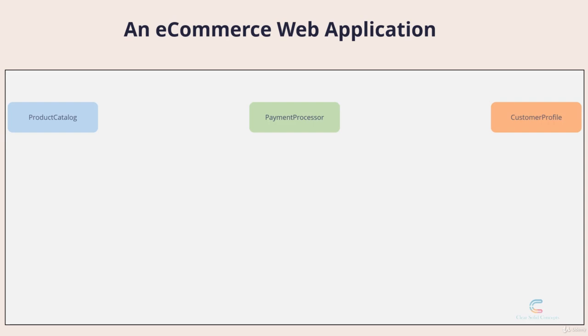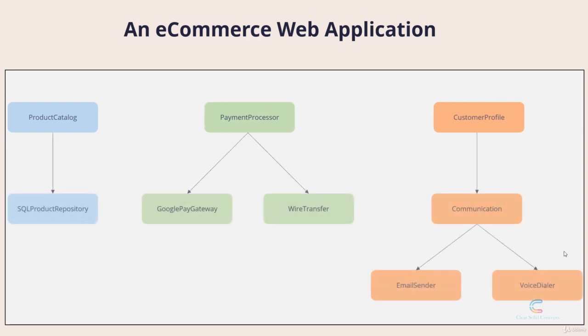But if we were to come up with a very high-level design model, this is what it would look like. There are three major business functions: product catalog, payment processor, and customer profile. These in turn depend on a number of other modules shown below for the implementation.